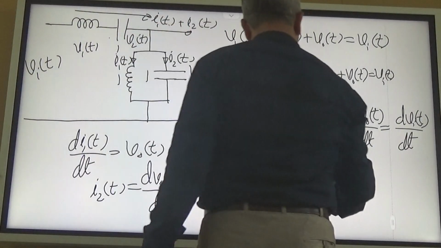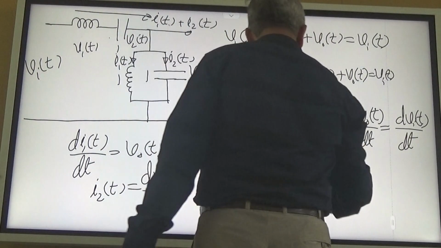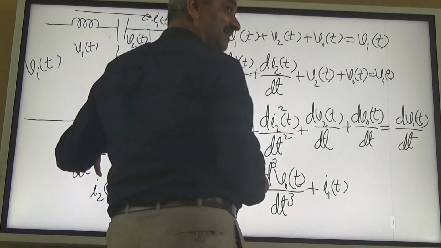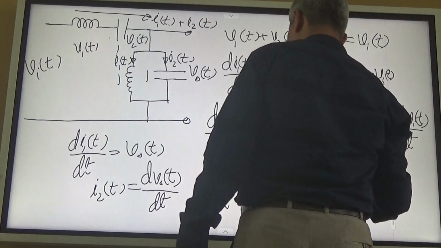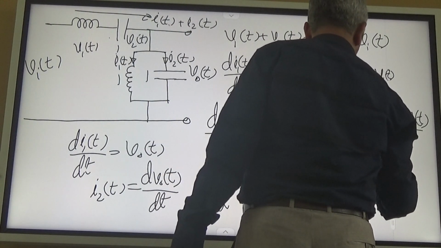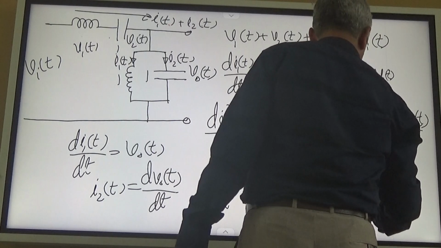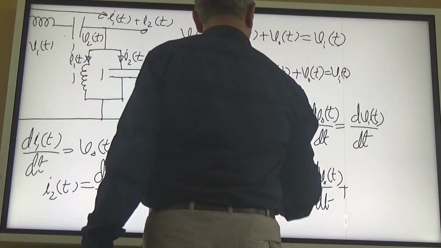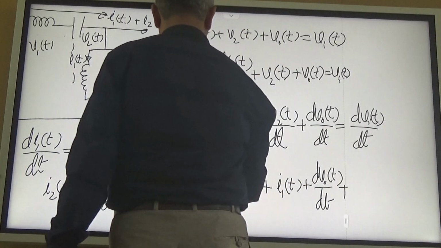So I write I2(t), and I1(t) I write as it is, because I want to integrate it, I don't want to. Plus dV0 by dt.